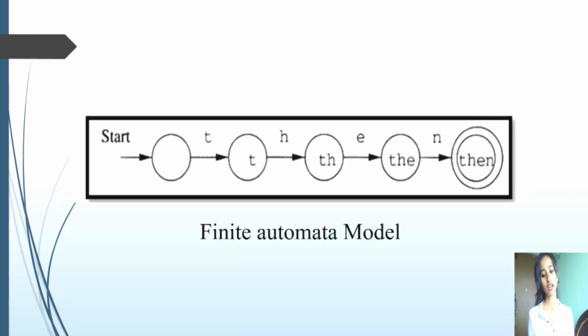Here we have a finite automata model, which has a starting point or initial state, represented by a single circle, and an ending point or final state, represented by double circles, and the middle states are known as intermediate states.